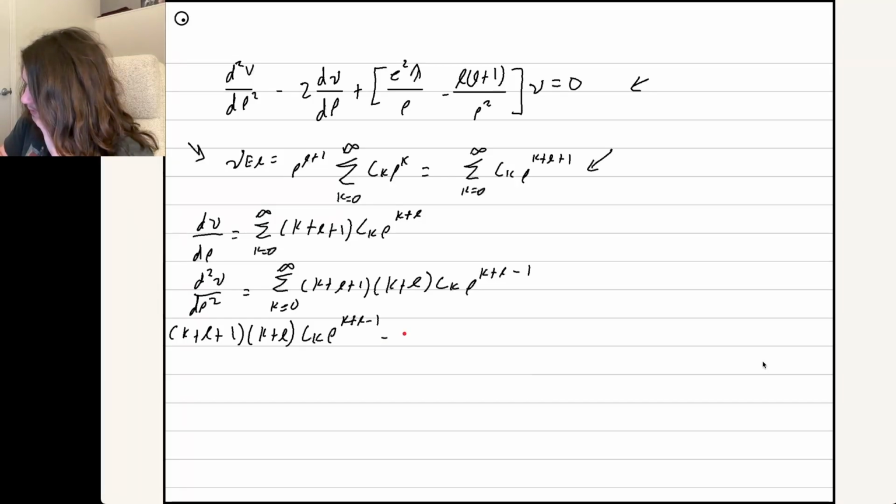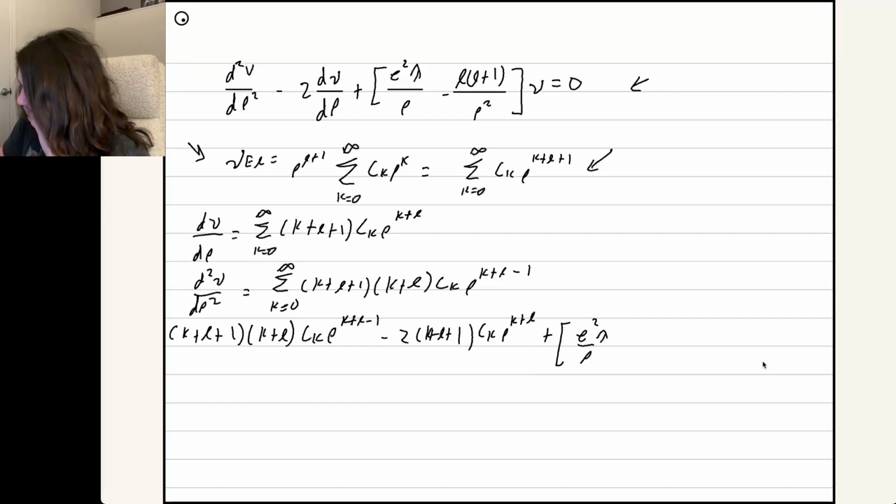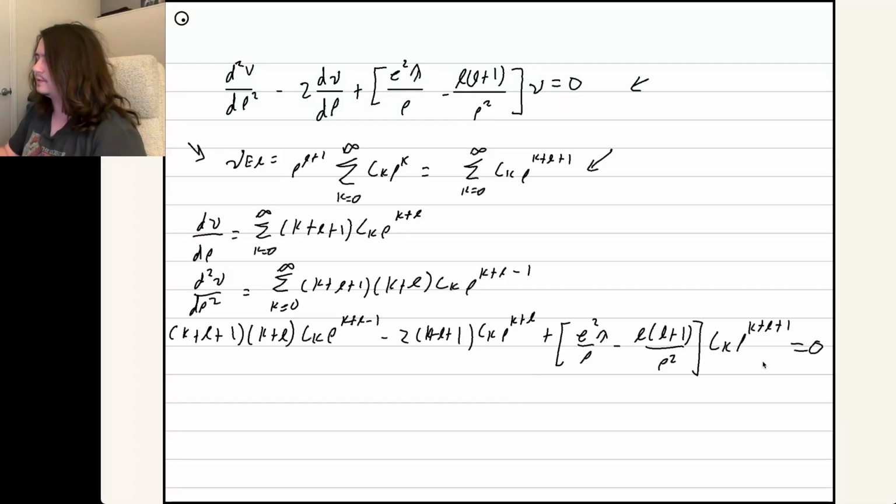And then we have minus 2 times k plus L plus 1, ck rho to the k plus L, and then in these brackets we have e squared lambda over rho minus L times L plus 1 over rho squared, and we have ck rho k plus L plus 1, and that has to be equal to 0. So we're going to manipulate this equation until it looks like a recursion relation.